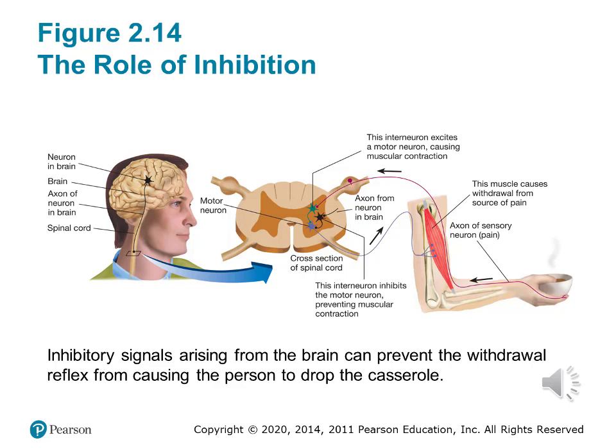So we're able to inhibit our reflexive withdrawal from a hot object under circumstances where the ensuing catastrophe would be greater than the tissue injury that we are about to incur.